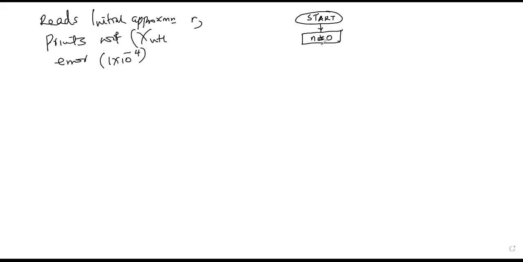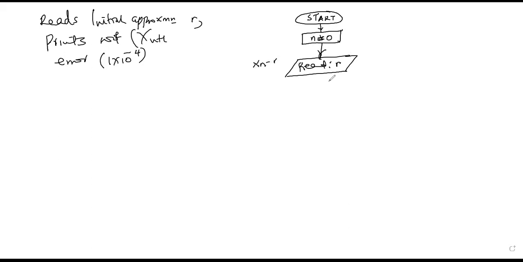Then this machine, as it is starting, must read what you have put, and the read box we draw in a parallelogram format. So in this parallelogram shape, the machine is reading, but what is the machine reading? You have been told to let it read the initial approximation and error. Or one can say read x_n, the initial approximation, and error.